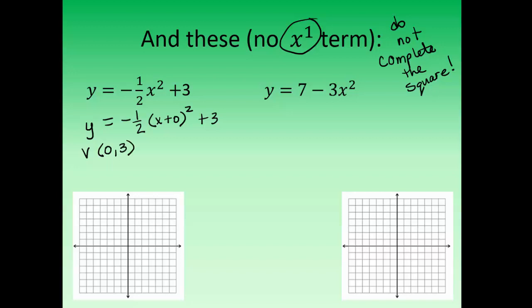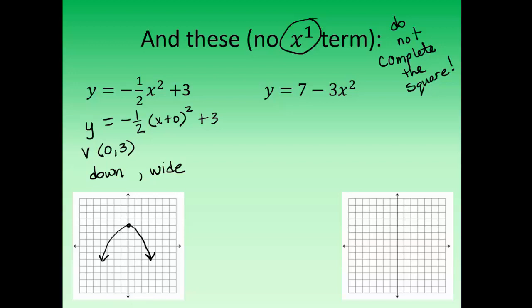And notice we have a negative coefficient, so that's going to open downward. And the absolute value of the coefficient is 1/2, which is less than 1. So it's going to be a wide graph. Here's the vertex. It opens down and it's wide, so something like this. That's a nice sketch.